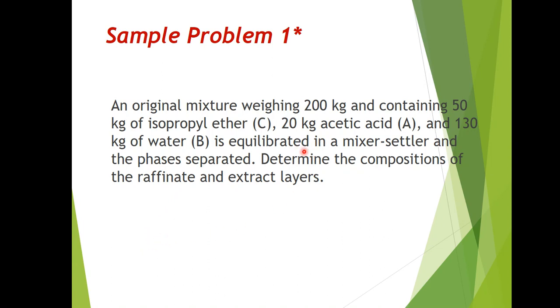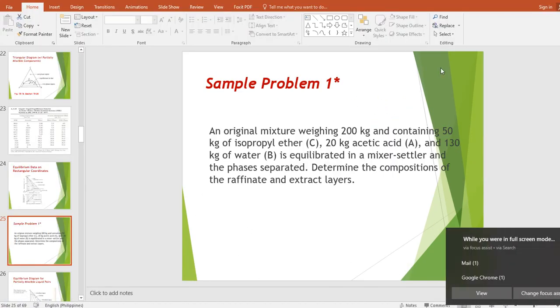So remember, you have 50 for isopropyl ether, 20 for acetic acid, and the rest is water. So C is 50 and A is acetic acid. It's very simple actually, class, how to treat this particular problem.